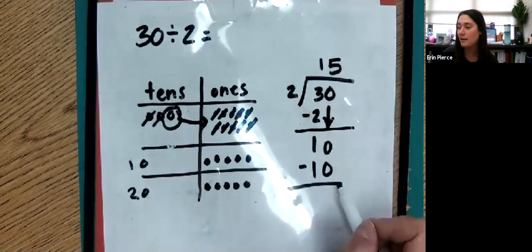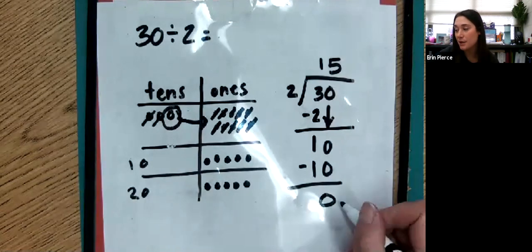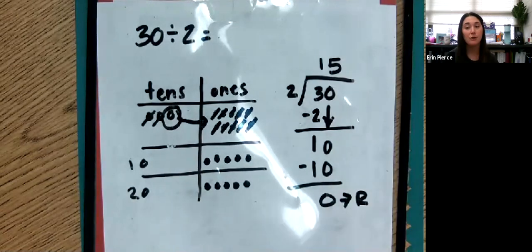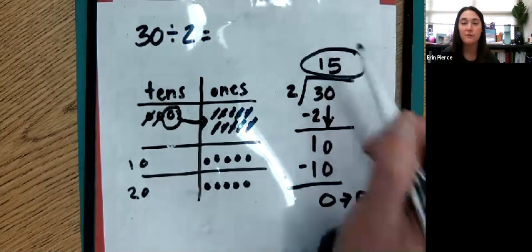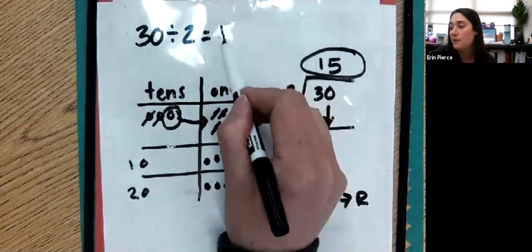And I subtract and I get 0. Right? Now I have 0 as my remainder. And so my answer, or my quotient, for 30 divided by 2 is 15.